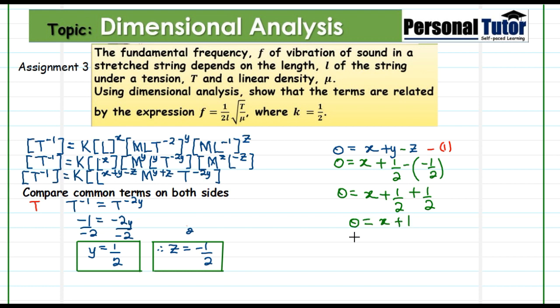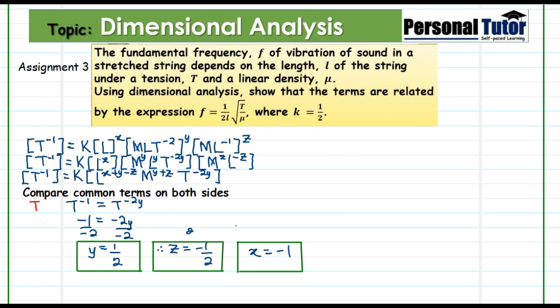This is then moved to the other side to get 0 minus 1 equals s. Therefore, you can also say that s is equal to negative 1. So far, you can conclude that s is negative 1, z is negative half, and y is positive half.